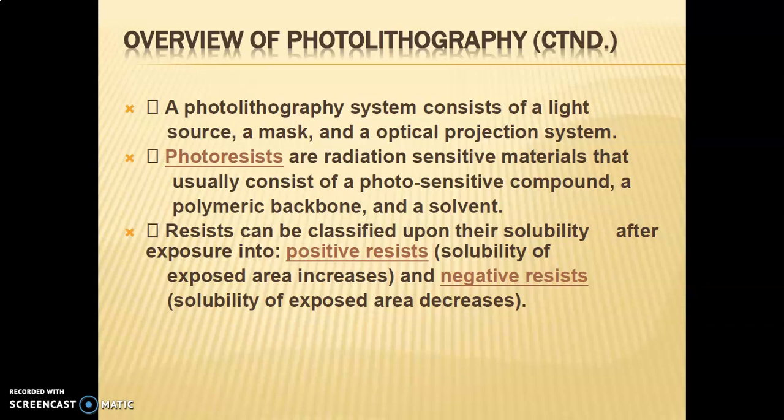As we have discussed, we have a pool of liquid that solidifies if it comes in contact with UV light. Resist can be classified by its solubility after exposure, as positive and negative. In positive, the solubility of the exposed area increases; in negative, the solubility of the exposed area decreases.